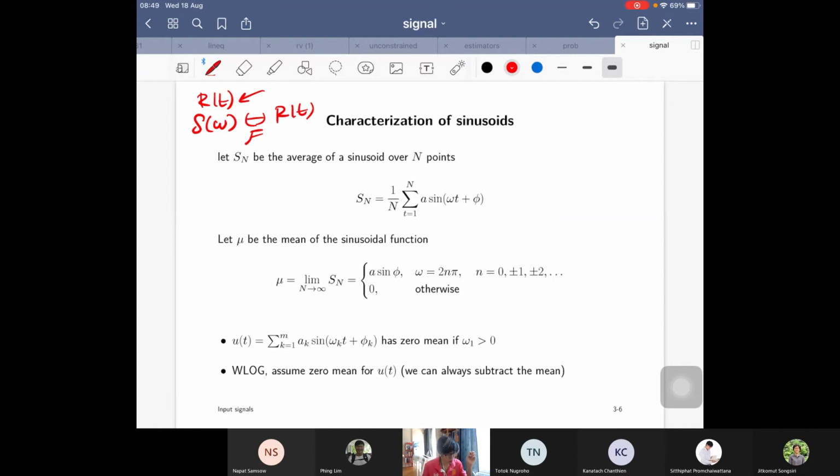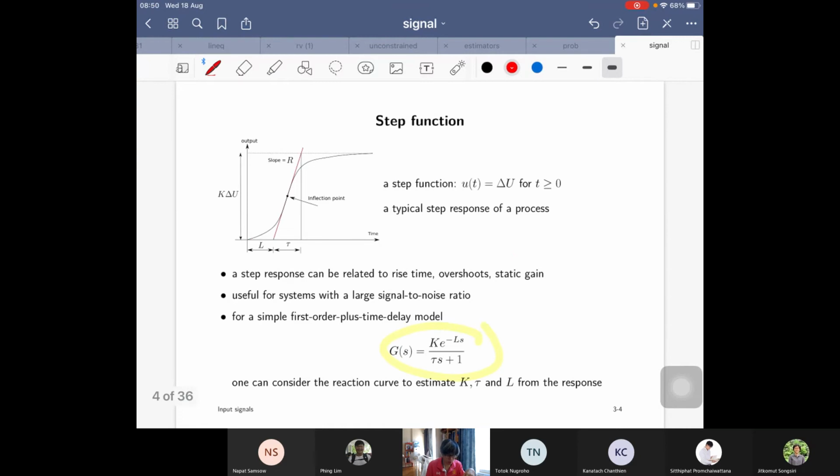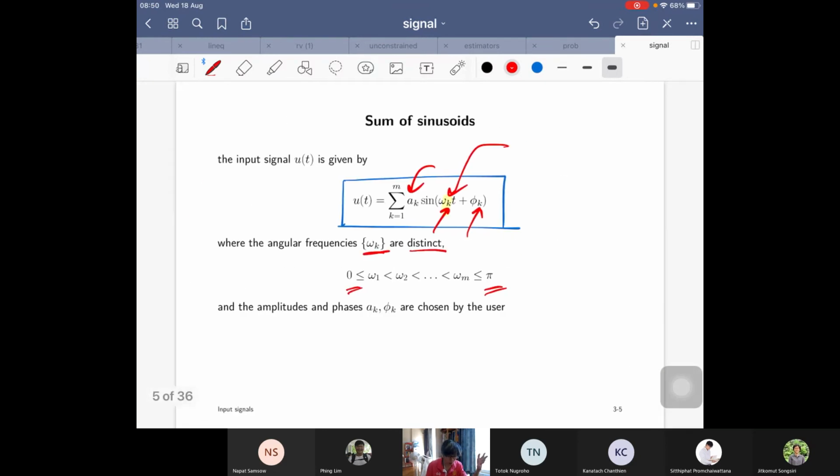It seems this concept applies to a random process. But in this situation, the step function is not random at all, and the sum of sinusoids is not random.